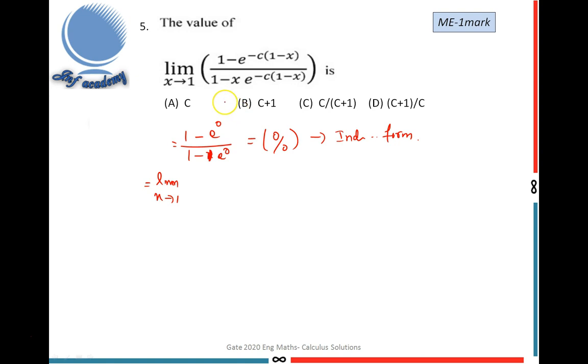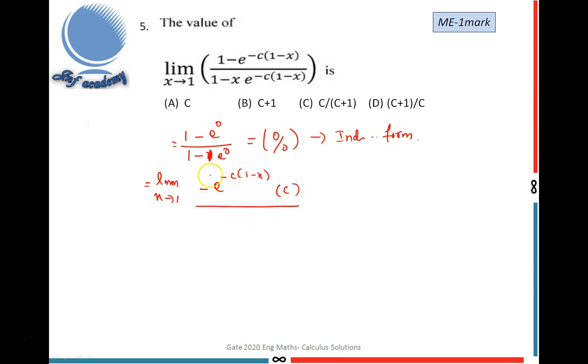L'Hospital rule says the limit of the quotient is equal to the limit of the quotient of the derivatives. The derivative of the numerator: derivative of 1 is 0, and of e power minus c into 1 minus x is minus e power minus c(1 minus x) into c, because the derivative of minus x is minus 1, and minus of minus c is plus c.